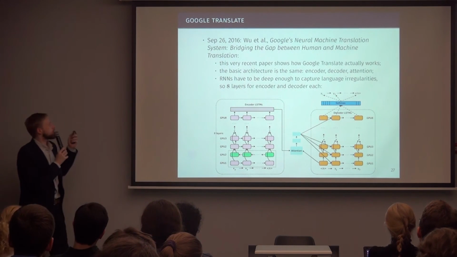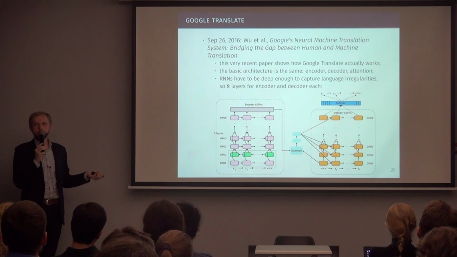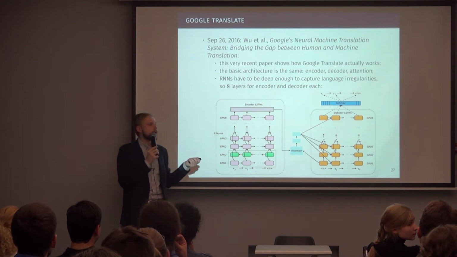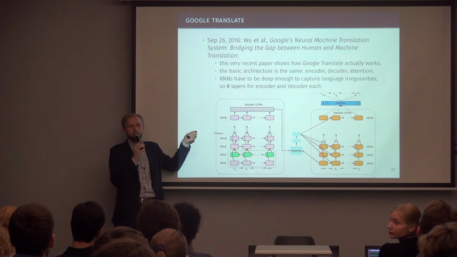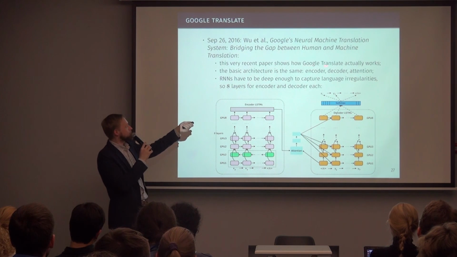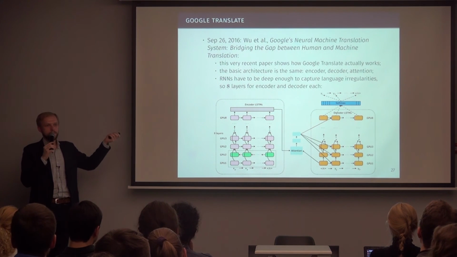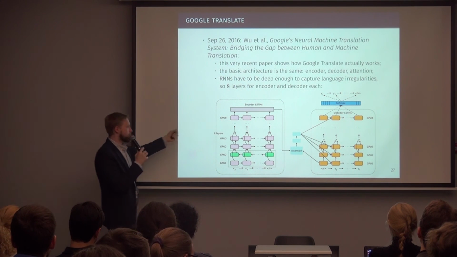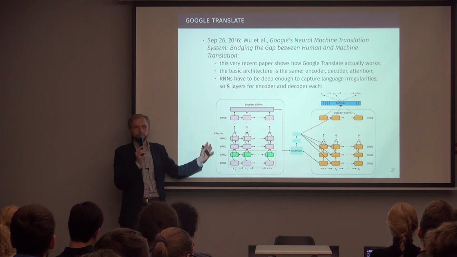The thing I wanted to mention about machine translation, again, is that the field is developing very rapidly. A very recent work, September 26 this year, I think a very important work, basically explains how Google Translate works. This is a paper from Google called Google's Neural Machine Translation System, and it explains how it actually works for Google Translate. And it turns out that it works in exactly the same way. The paper does introduce quite a few interesting tricks.